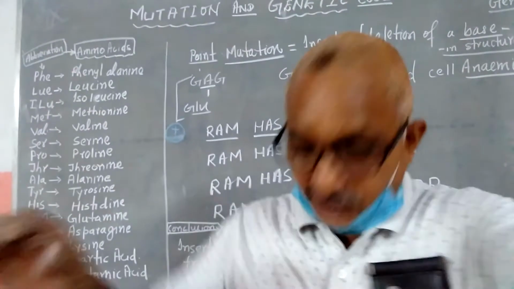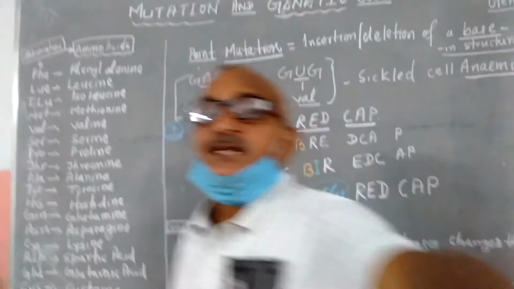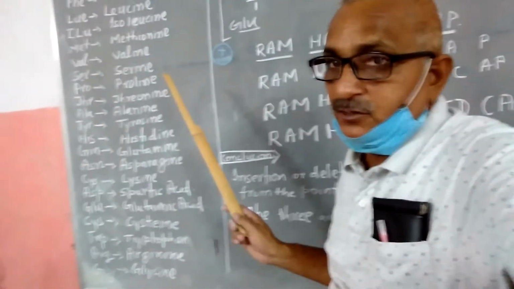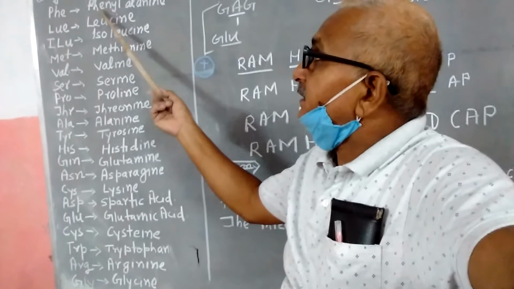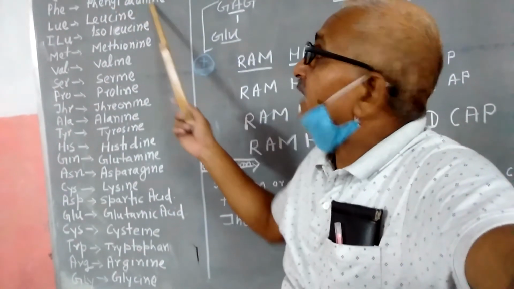Here I have made a table for you. This is from a reference book; in NCERT it is not given. You can note down that PHE represents the amino acid phenylalanine.